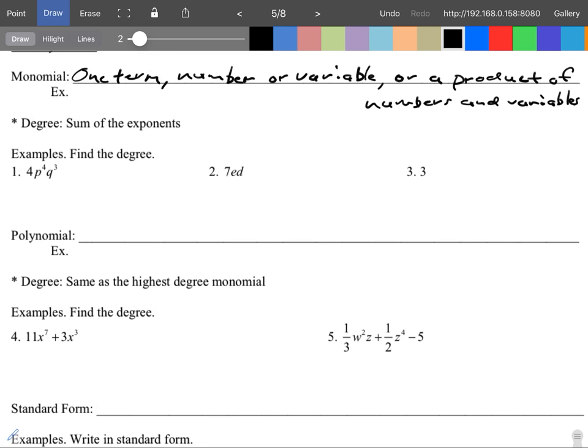Okay, so it's got one term, could be just a number, or it could be just a variable, or it could be a product of numbers and variables.